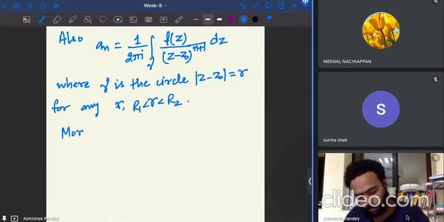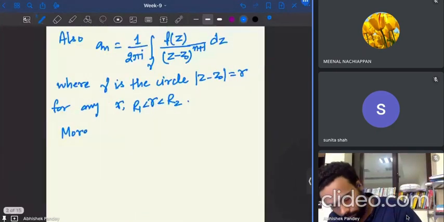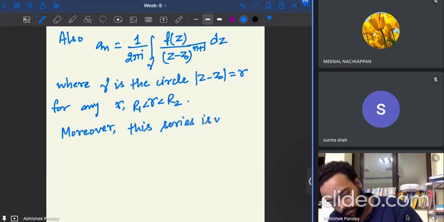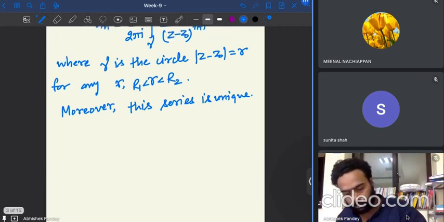And moreover, this expression is unique. Okay. So uniqueness one can easily prove. You just have to consider that it has two expressions.